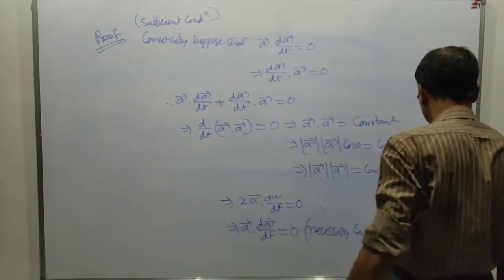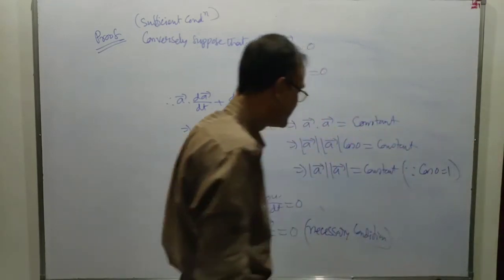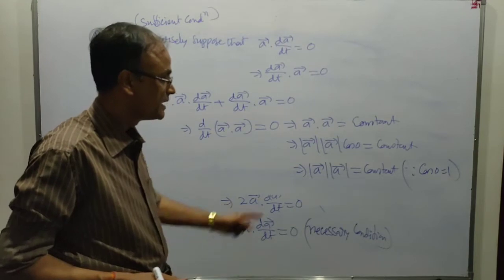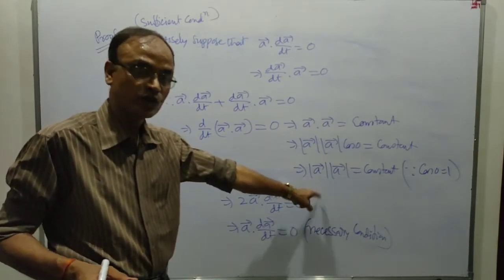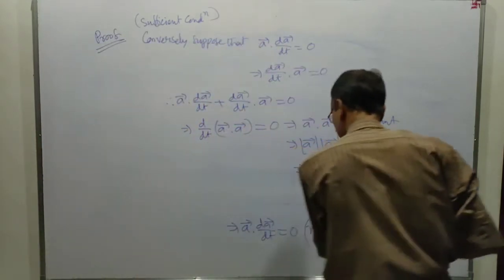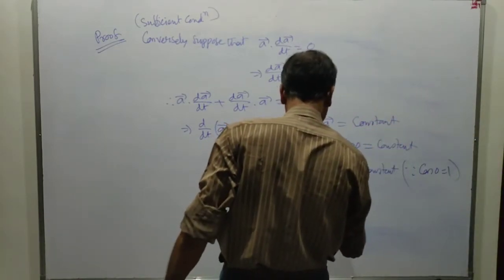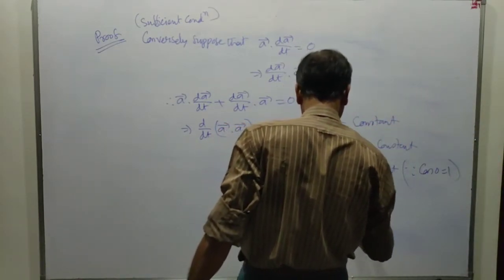Since cos 0 is equal to 1, the magnitude of this vector is equal to a constant. What does it mean? The magnitude of the vector is equal to a constant.